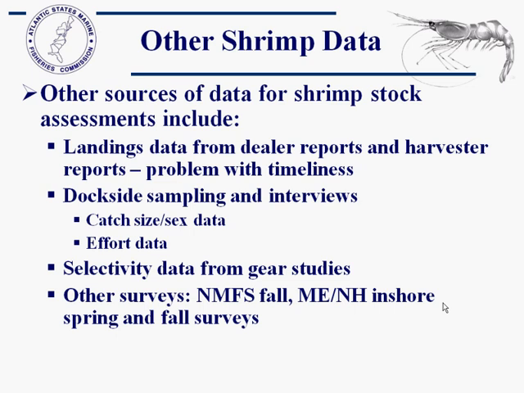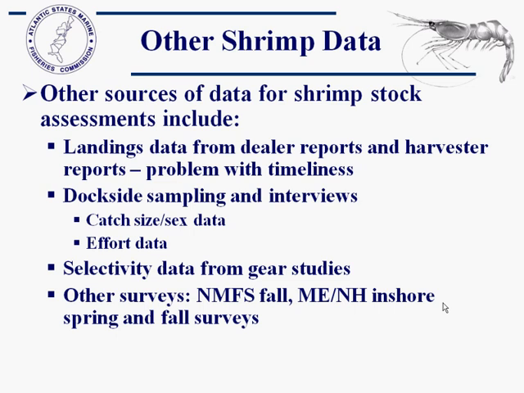There's been a chronic problem with the timeliness of those reports coming to us. For instance, we're about to do our assessment for this year, and we still don't have all of the last of 2012's harvester reports yet. So again, we're going to be using incomplete data, and from the example I gave, everything is scaled to the landings, so you really need to have that complete.